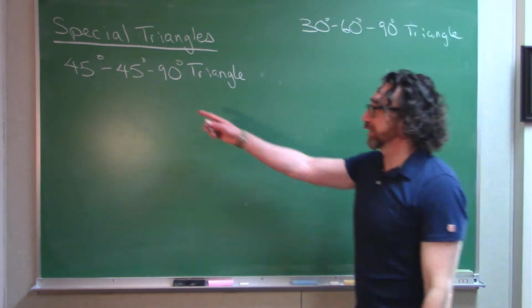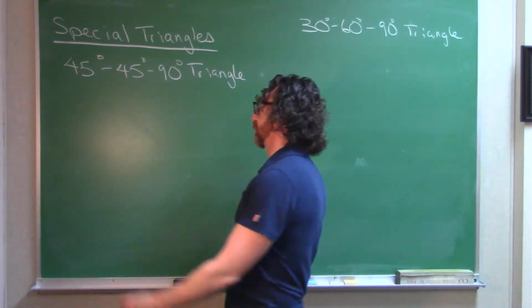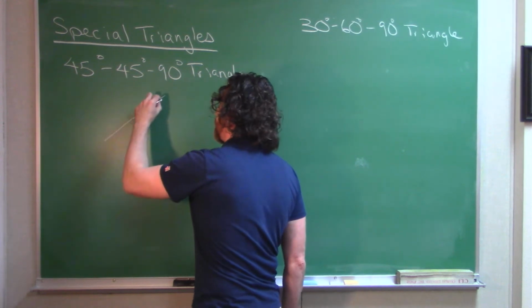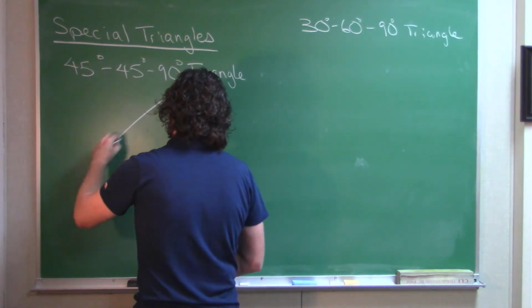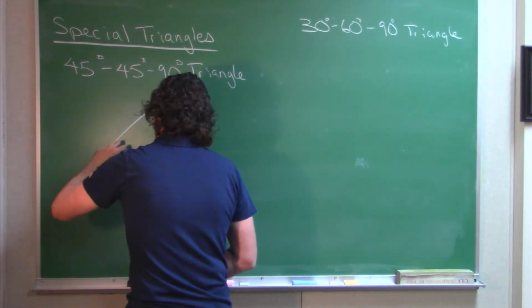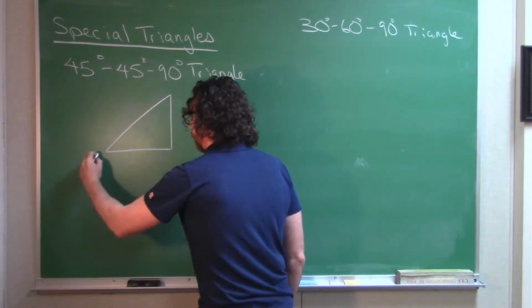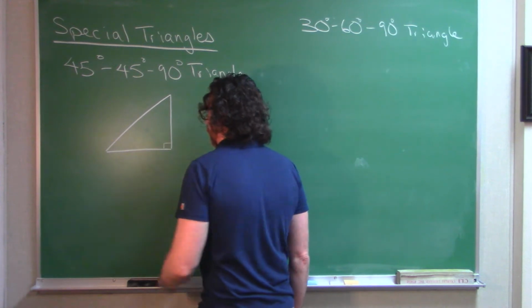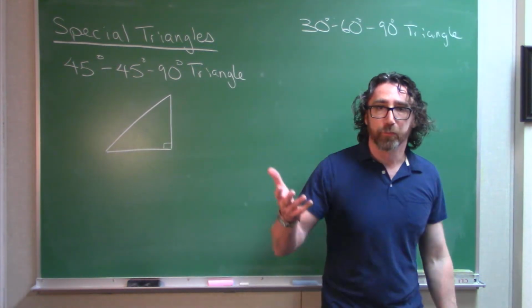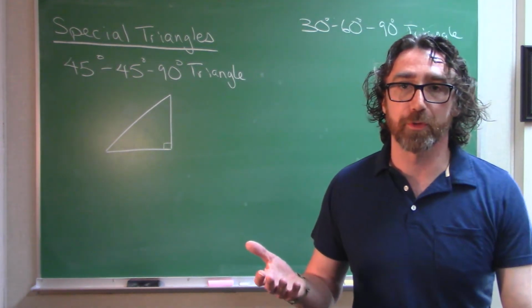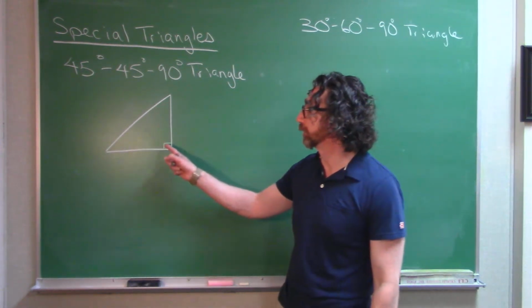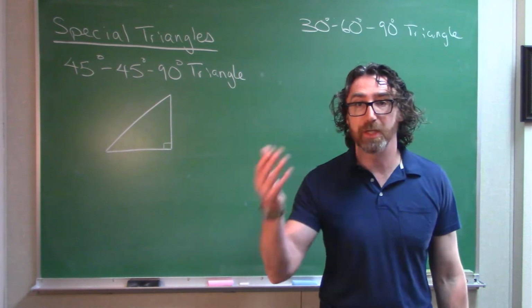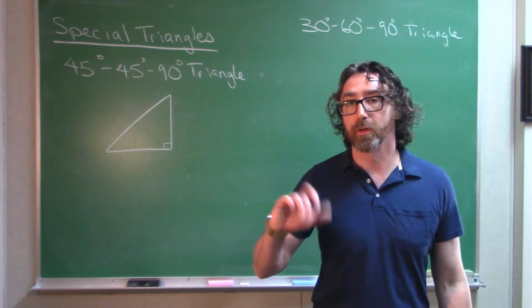Now, when I say 45-45-90 triangle, I'm sure you know this already, but I am talking about the angles in my right triangle. We remember from our high school geometry that if I add up the measure of all the angles in a triangle, I'm going to get 180 degrees.